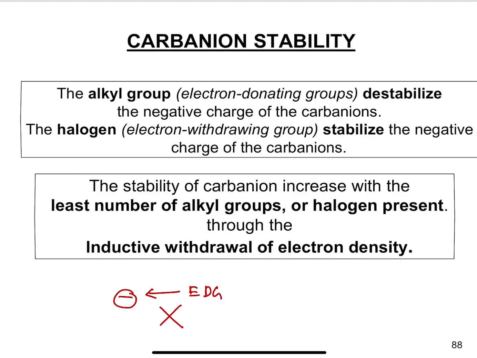Nope. Okay, so more EDG is not favorable. So as you can see over here, alkyl groups, which are electron donating groups, destabilize the negative charge on carbanions, whereas halogens can stabilize the negative charge on carbanions.